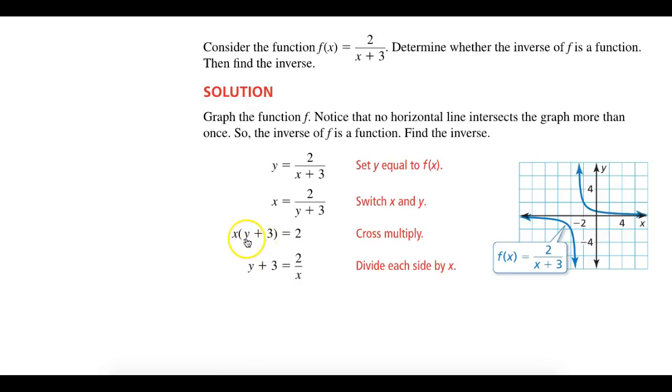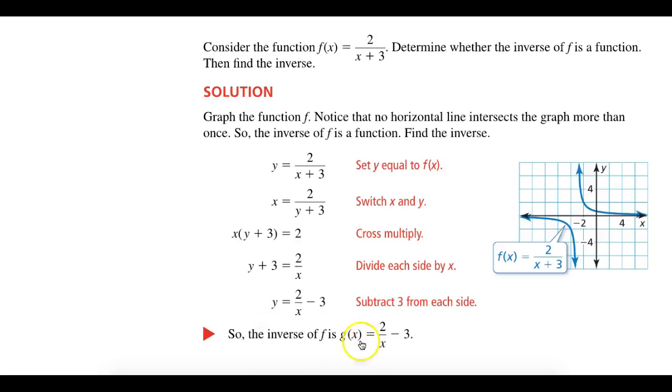So we can go ahead and divide both sides by x to get y by itself. So we get 2 over x equals y plus 3. To get y by itself, subtract 3 from both sides. So we get our inverse right here. It's just inverse equals 2 over x minus 3. So that's how you find an inverse.